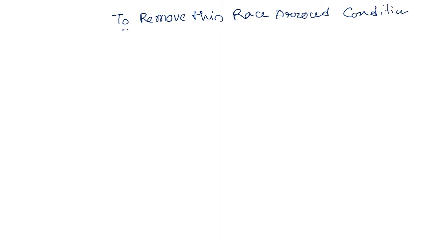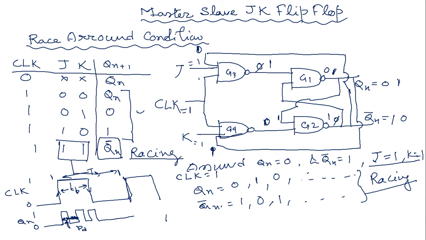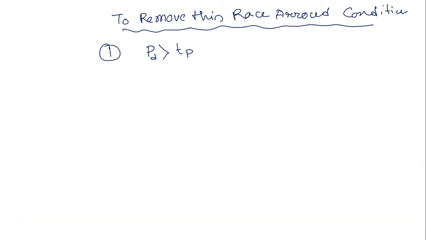We can apply two ways. First one, if we can adjust PD greater than TP, that means this TP should be smaller than this PD, so that in one clock cycle we can observe a single change in the output.